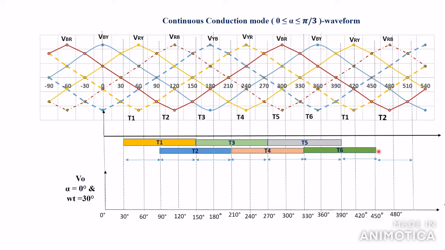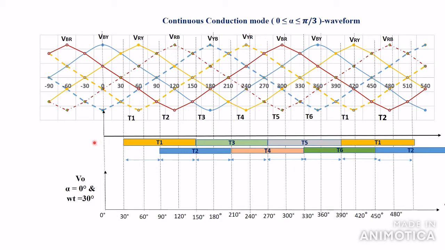So this is the next cycle. Okay, so this is one complete cycle. Again, after this T6, T1 will be triggered, and after T1, again T2 will be triggered. If you see here, before T1, T5 was conducting, and similarly before T2, T6 was conducting.